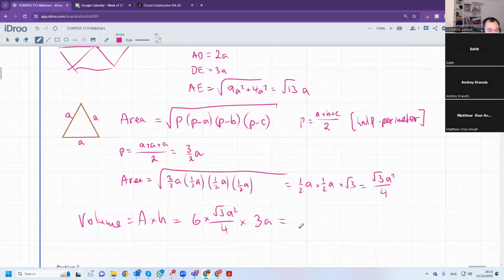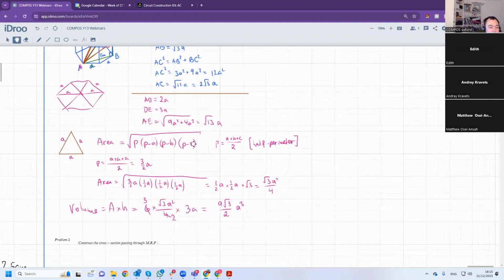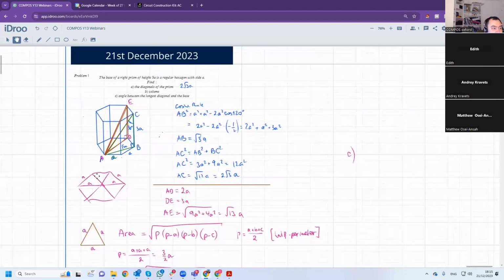And we can simplify that, 3, 2, 9 square root 3 over 2 a cubed. And that's the volume of the prism. So that's B.